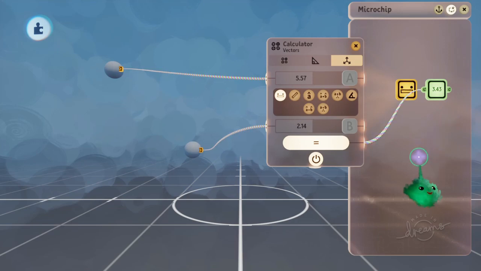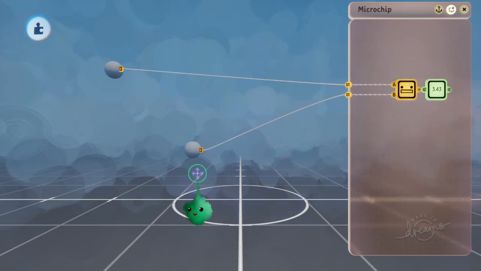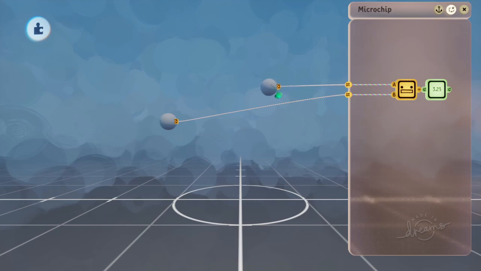So if we wire it in here, we can see it's 3.43 distance, and if we move them closer, it gets smaller, further away, it gets bigger, and even if it's going left instead of right, it doesn't matter. The order these go into the calculator, it will just be the distance between those two points.